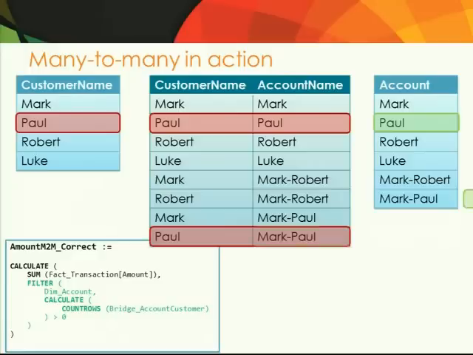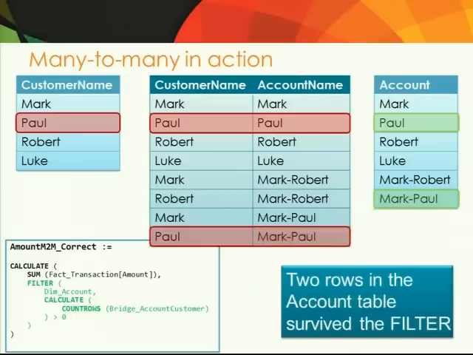Thus, we trash him. Mark and Paul, the green part filters 2 rows. The red part filters only 1 row, but 1 row is still existing. So count rows equals 1. And at the end, once filter finished its work, the 2 rows, Paul and Mark Paul, are visible in the dim account table.